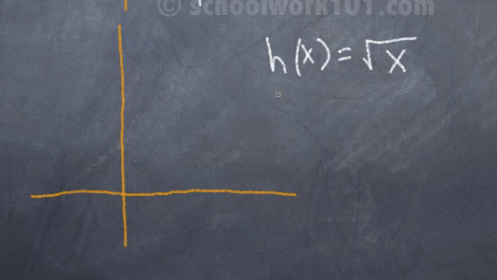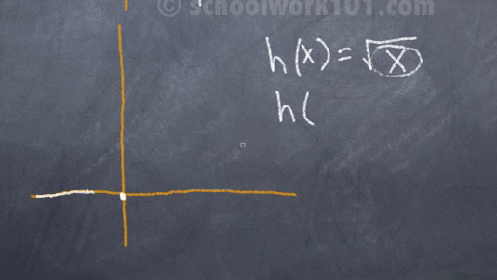Can I plug a negative number in? Is there a point over here on the x-axis that's associated with a point coming from the y-axis? And that is no, because underneath the radical you can't plug any negative numbers in.